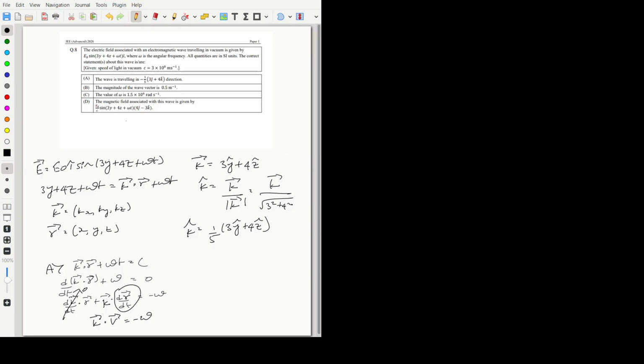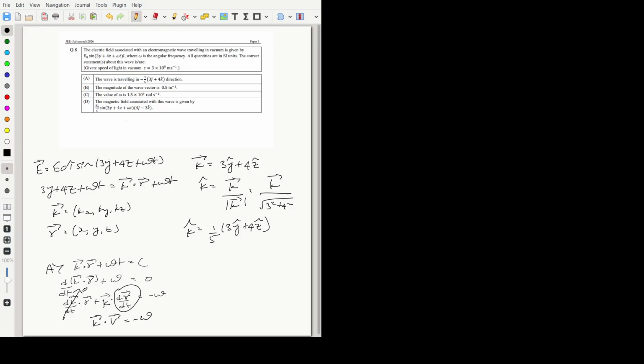Because the wavefront propagates normal to itself, and the normal vector to constant phase plane waves is the vector k, my velocity vector is parallel to k.